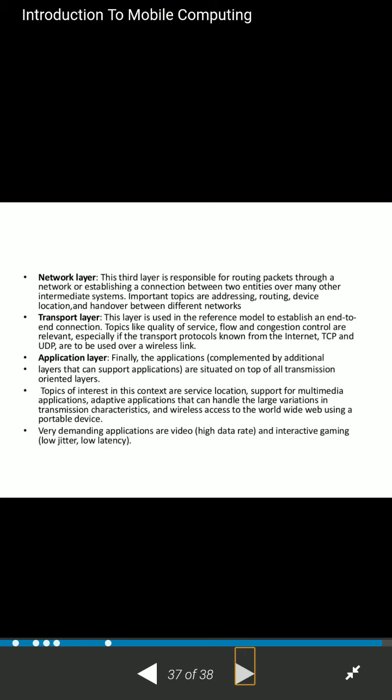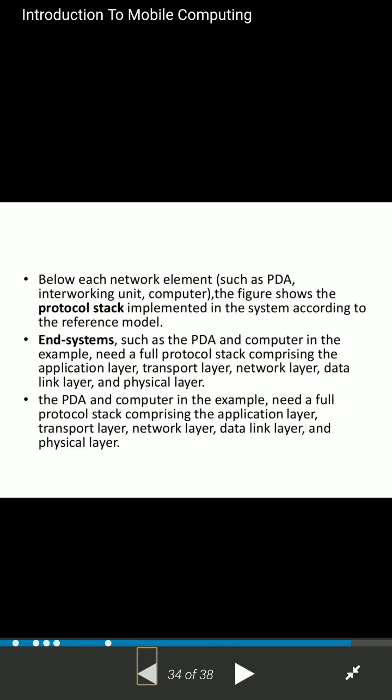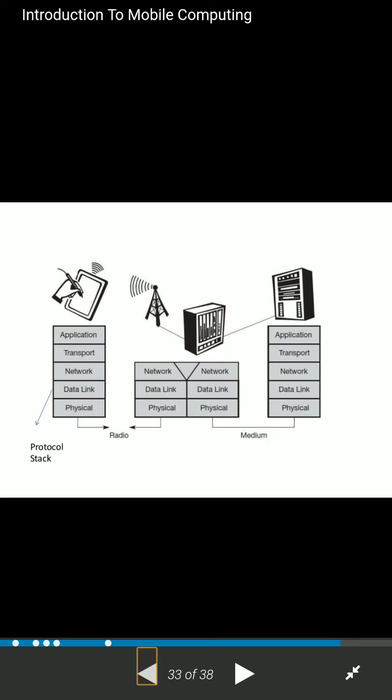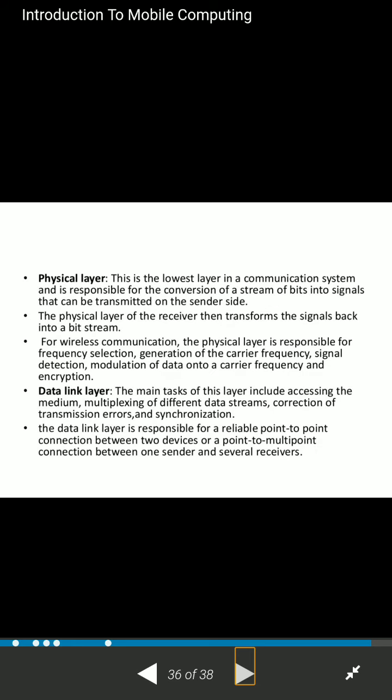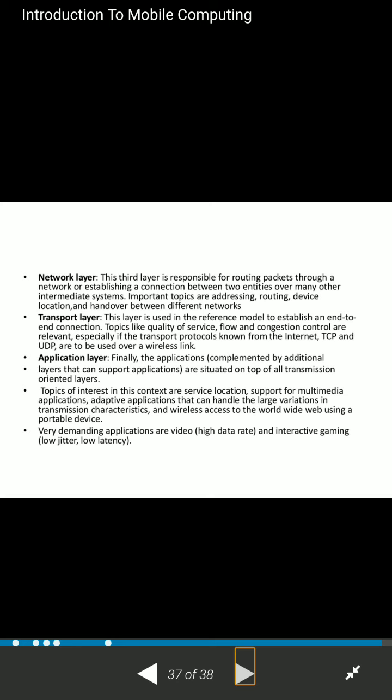Coming to the next layer, the network layer. The figure shows the middle layer, the network layer. The main aim of learning the network layer is positioning, or finding the device location. The third layer is responsible for routing the packets through a network, or establishing a connection between two entities over many intermediate systems.